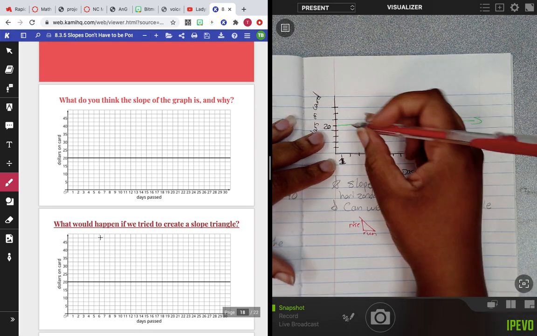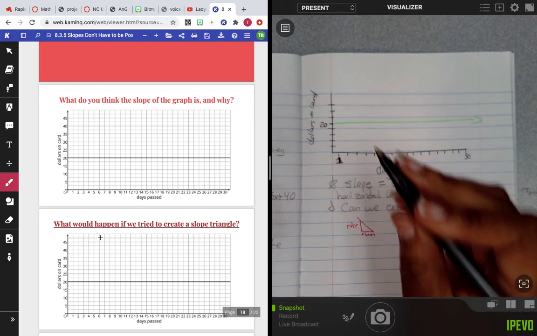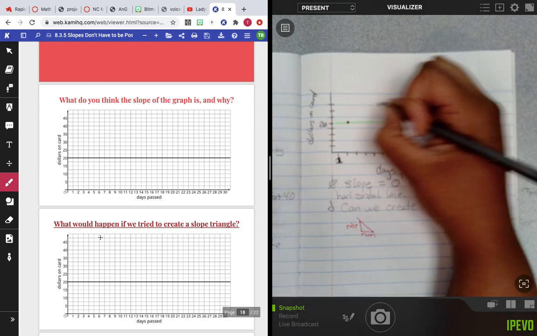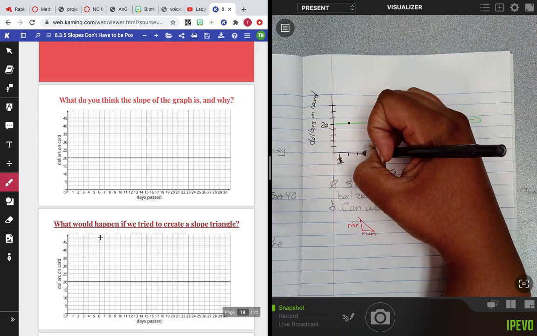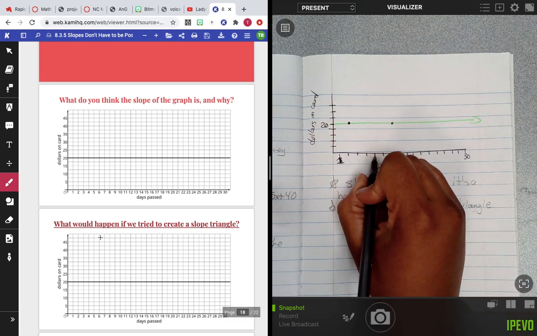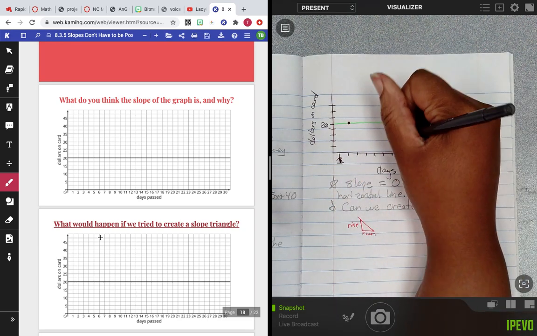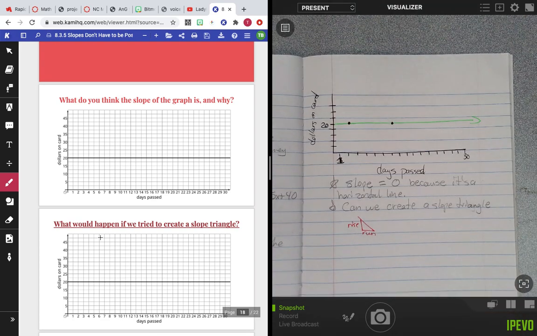If I pick 2 points on my line here, let's say this point right here, (2, 20), and this point right here, let's just say it's (6, 20). If I pick these 2 points on my graph, all right, now I've got to do my rise.